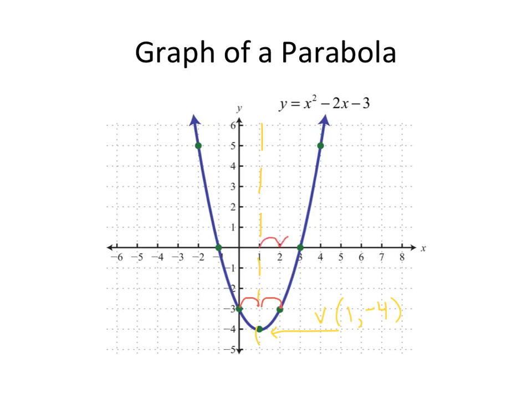Here we have 2 units. From the other side, it would be also 2 units. At the top, 1, 2, 3 units. 1, 2, 3 units. I can also see that this parabola opens up, smiley face. We'll be able to see in the next slide how to determine this if only given an equation.